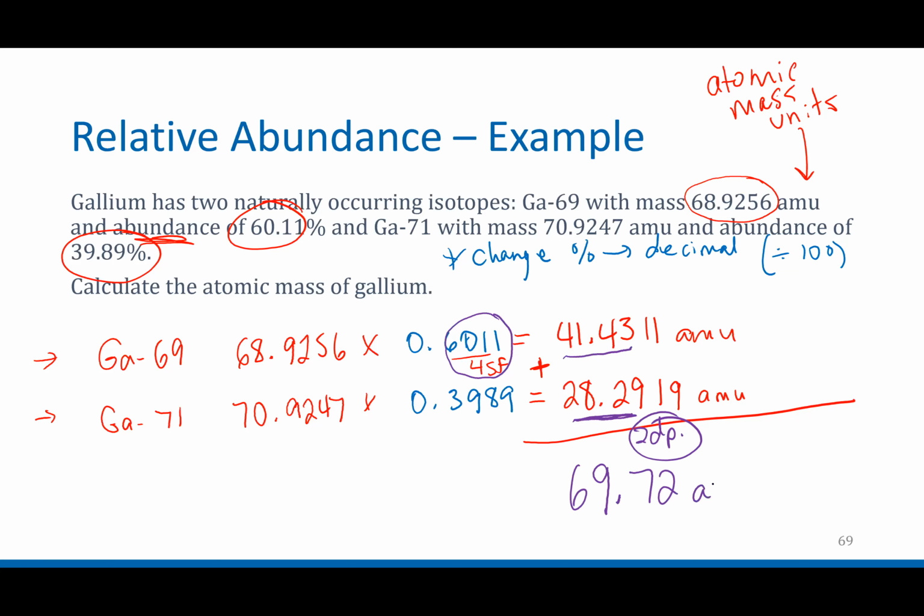So 69.72 AMU. And there we go. That is my atomic mass. This would be the number on your periodic table for gallium. Yeah, exactly. Sophia's getting the same thing I am.